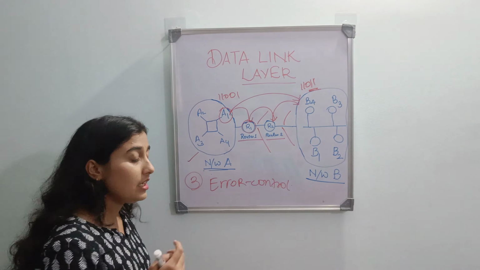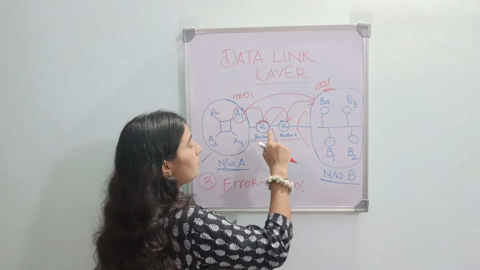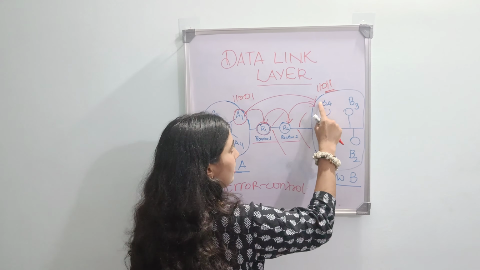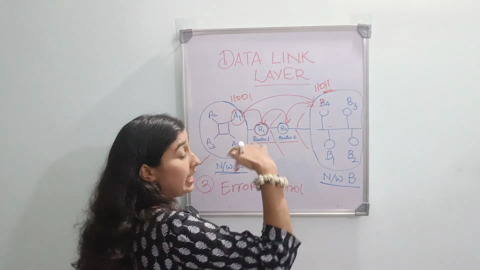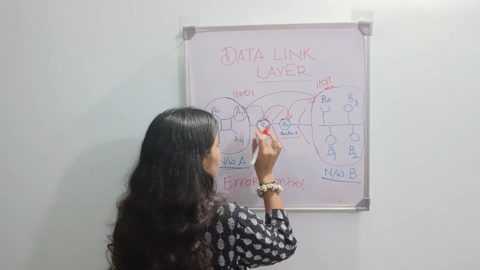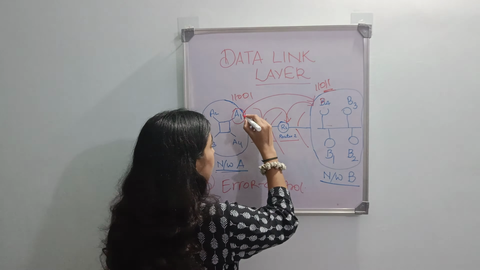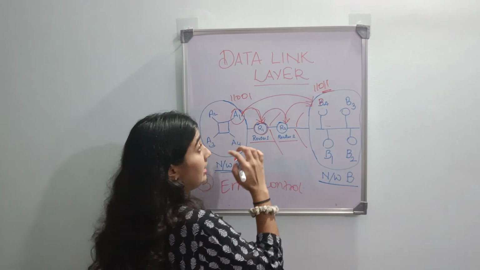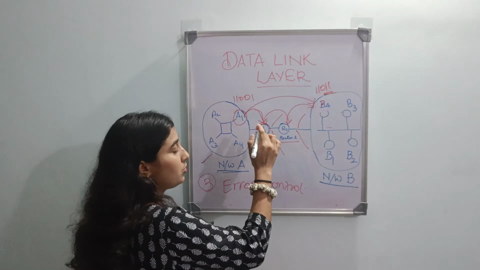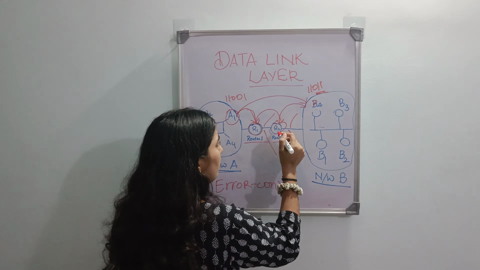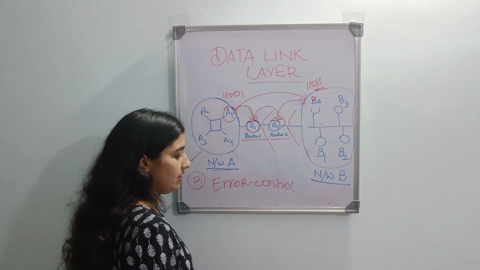Unlike other layers, instead of getting to know at B4 that this message carries an error, we will get to know that there is some error at the first router itself. It happens with the help of hop to hop delivery, or we can get to know about the error at the second router or third router or at the nth router also.